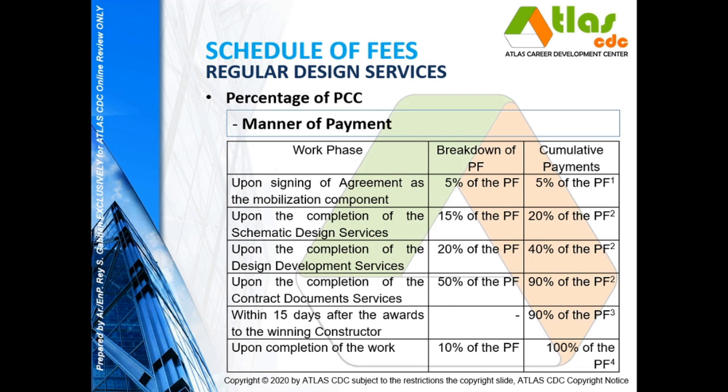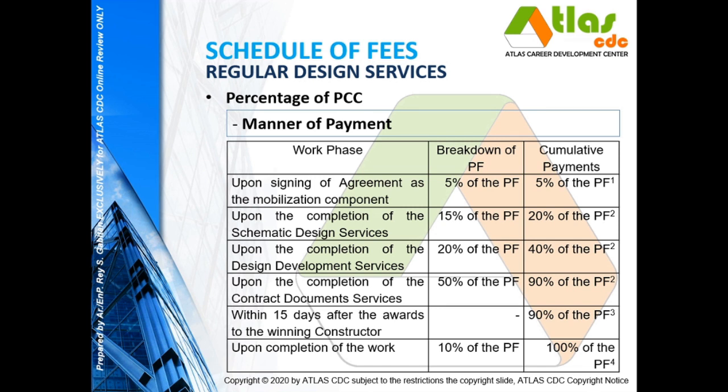Now this is the manner of payment, no? So you don't receive the whole amount all at once, no? This is based on the phase or the stages of the work of the architect. So upon signing of the agreement, you get a 5% as mobilization fee, no? Or the acceptance fee, 5% of the professional fee.